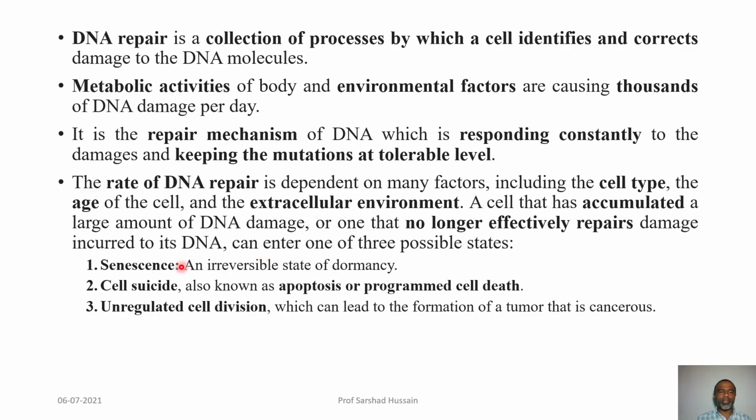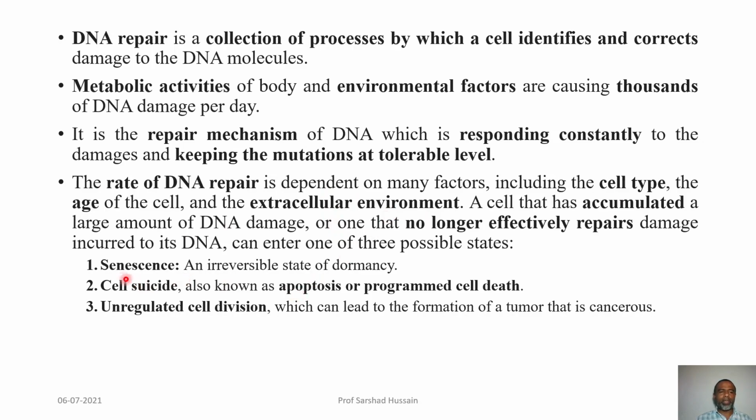So, either it has to go into senescence, an irreversible state of dormancy, so that it may not function normally, because normal function is not possible due to the heavy damage of the DNA, which has not been repaired because of the defective mechanism, or because of the type of the cell, the age of the cell, or the extracellular environment having a high quantity of mutagens.